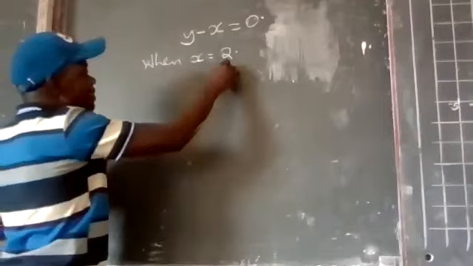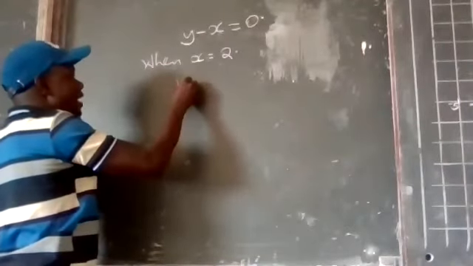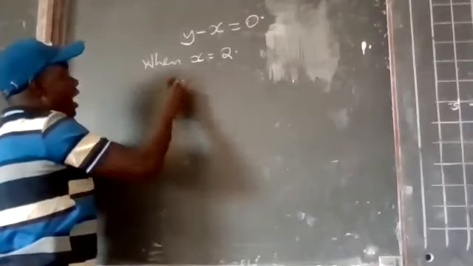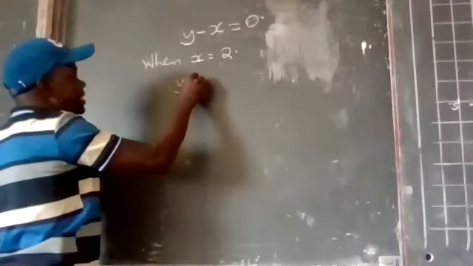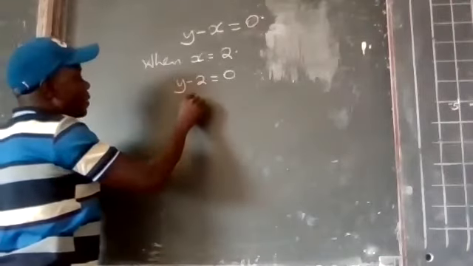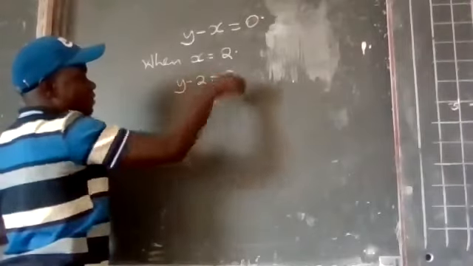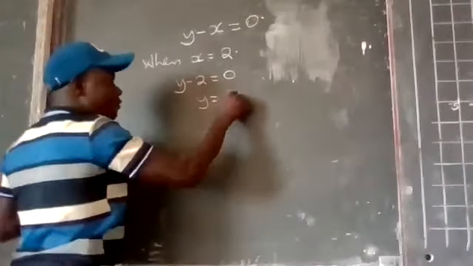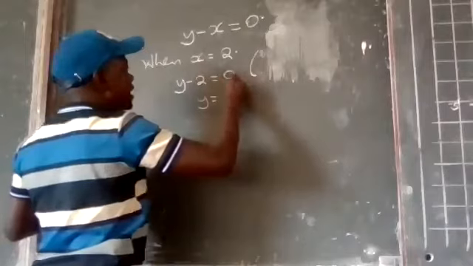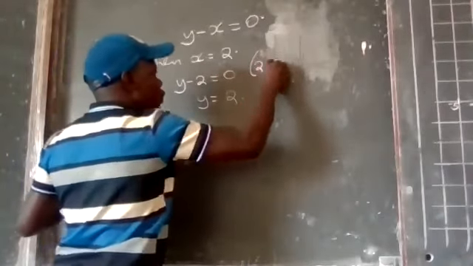When x is equal to 2, I'll have y minus 2 is equal to 0, and then y will equal 2, taking the negative 2 to the other side. So the first point is 2, 2.